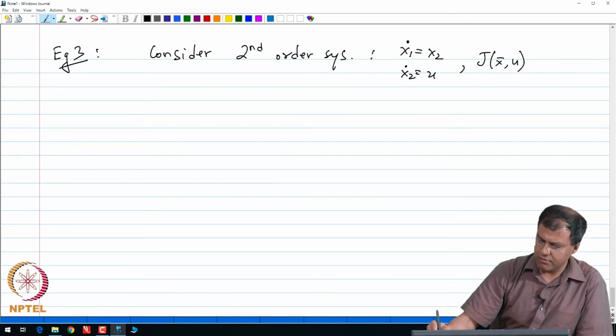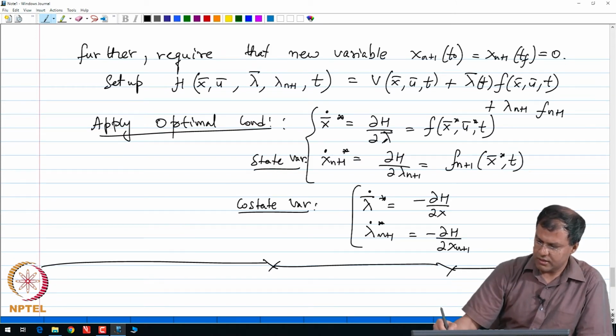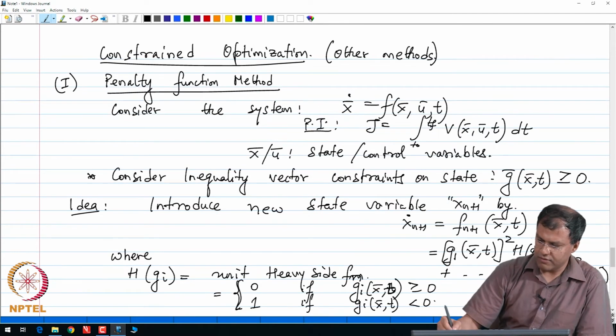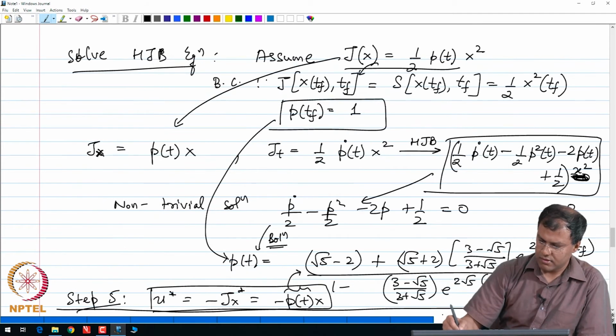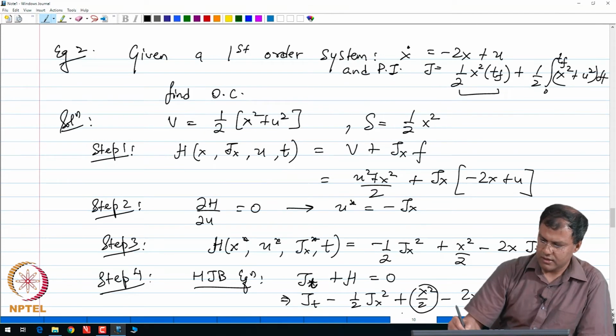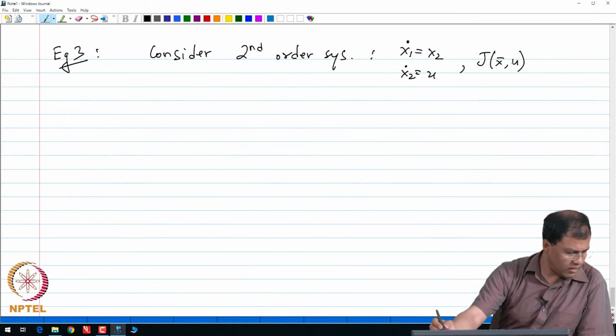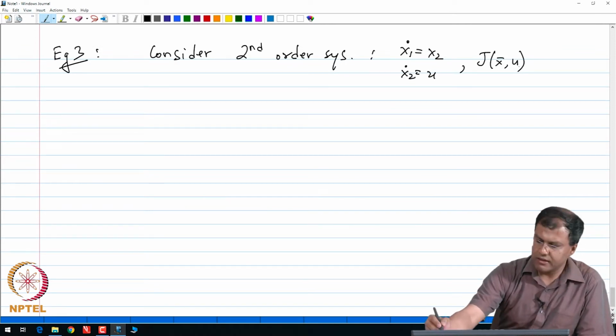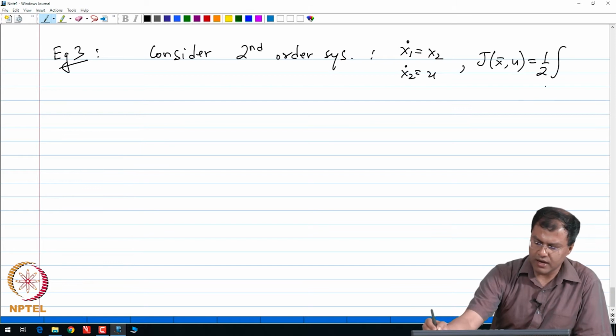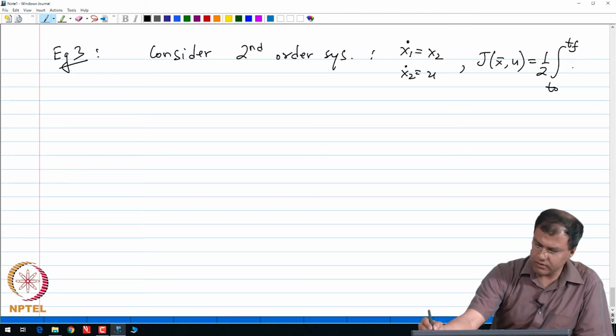So, how did we really represent j? We represented it in the form of j, right. So, j of x bar comma u is given to be half integral from T 0 to T f of x 1 square plus u square dt, right.